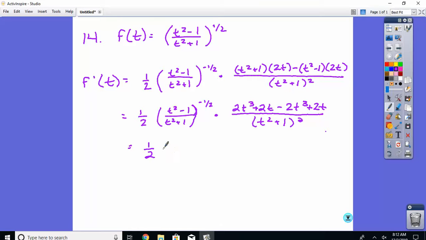I am going to rewrite this, actually, no, I'll do that in a second. Here the 2t cubes cancel, so 2t plus 2t is 4t over t squared plus 1 squared.